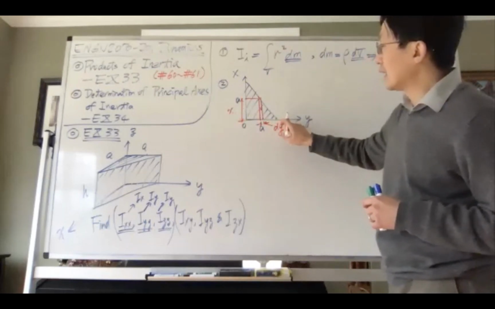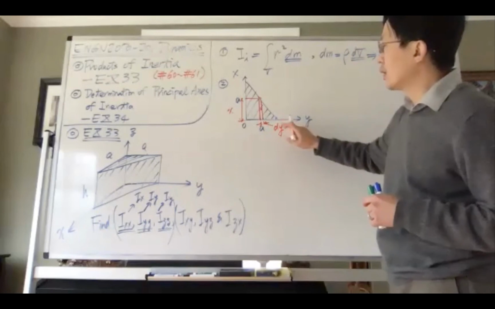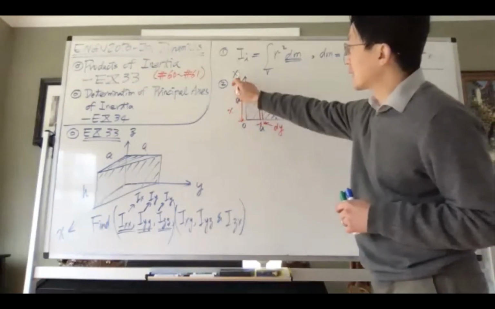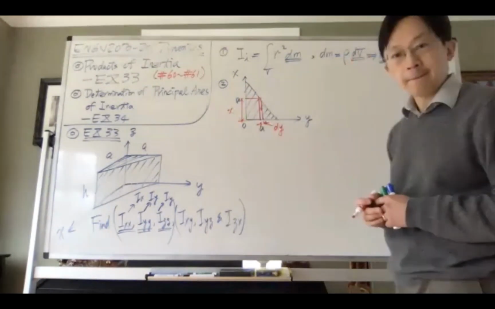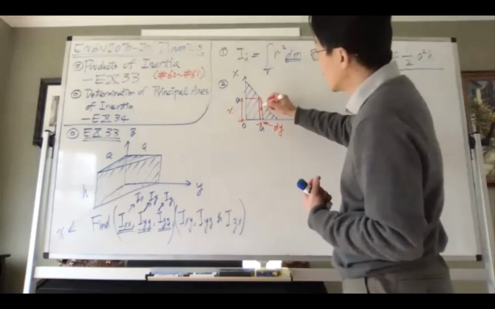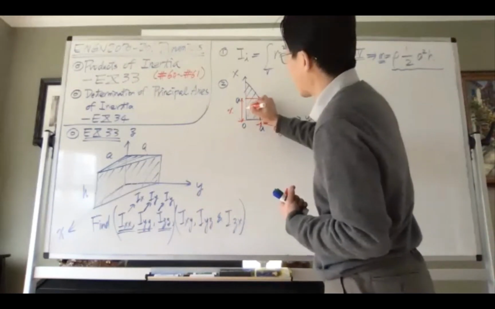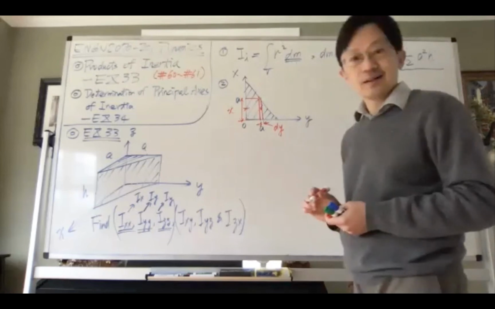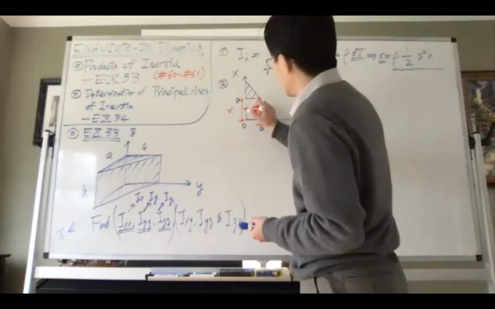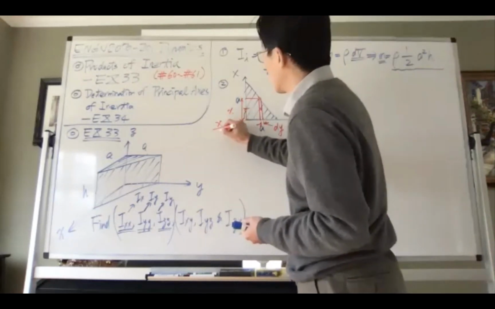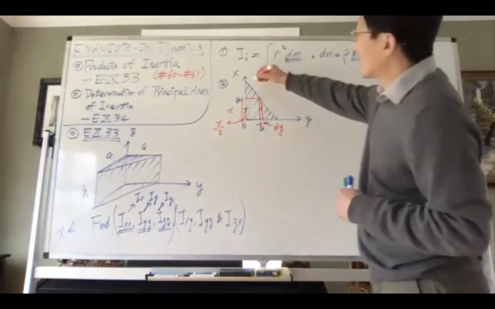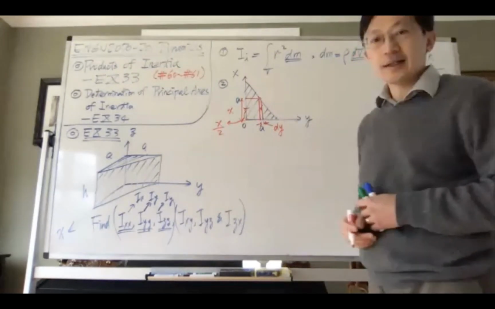When it's at a, on the y-axis is 0. When it's 0, on the x-axis it becomes a. But the center of this unit strip, as we know, is what? Half of x, correct? It's just half of it because they're at the center. So here is x over 2. However, what is the linear equation of the function?